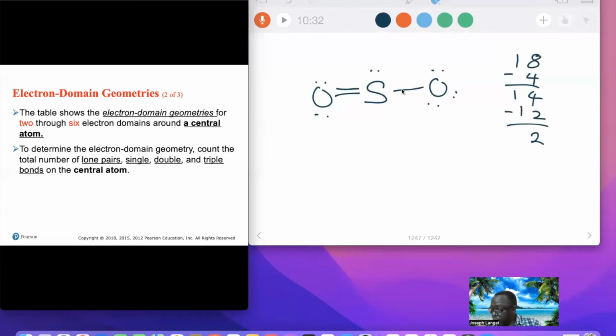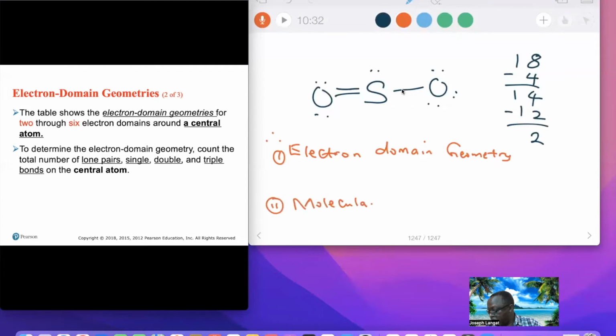So for the electron domain geometry and molecular geometry, in electron domain geometry we count the 3 here: 1, 2, 3.